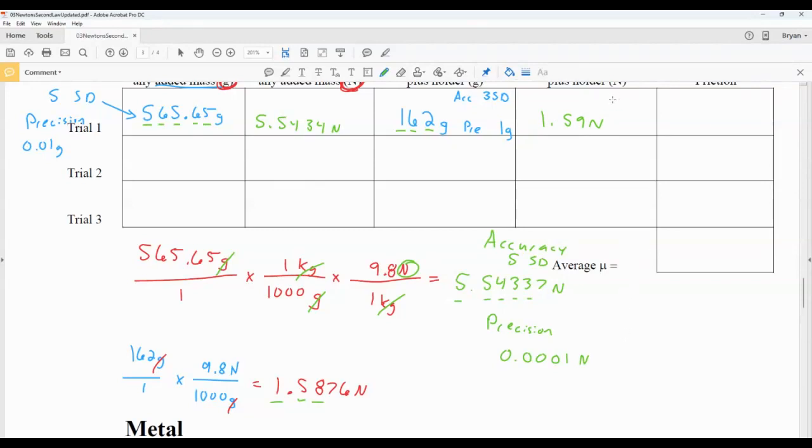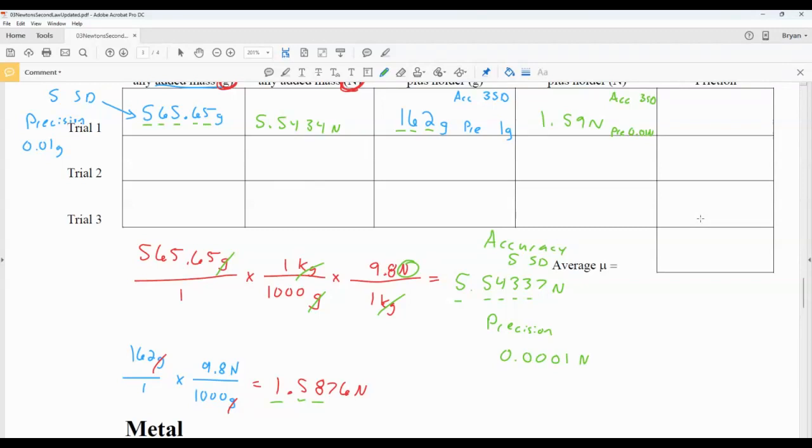So on this one now, our accuracy stays the same, 3 significant digits, but our precision is 0.01 newtons. All right, I'm going to move that over. It's going to bug me. 0.01. There we go.